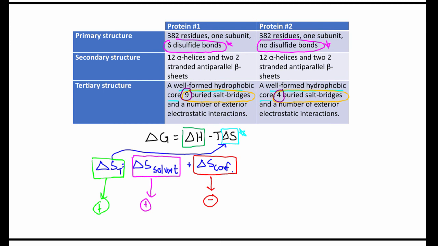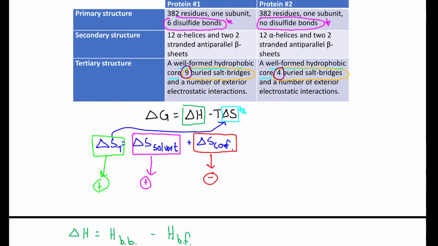And so when we look at this protein number 1, we could say delta H of number 1 is more negative than number 2.